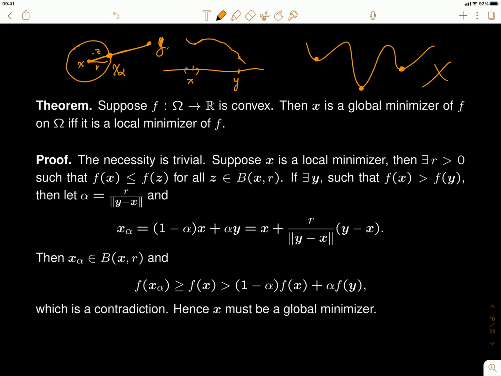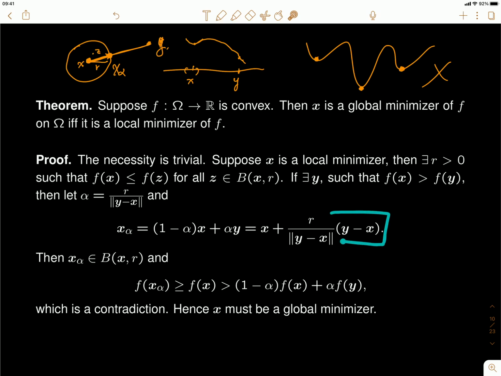So now since this will be my x alpha, I can also write x alpha in this way. I know that I start from x and I go along this direction with the radius r. So this direction here is y minus x divided by the norm of y minus x, because this will normalize the length.